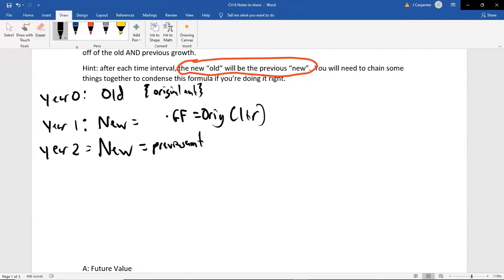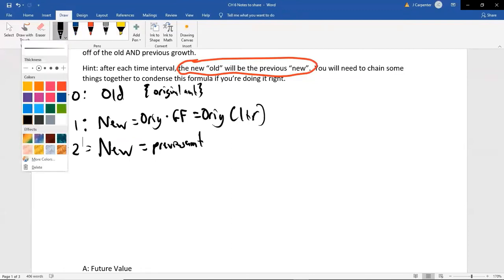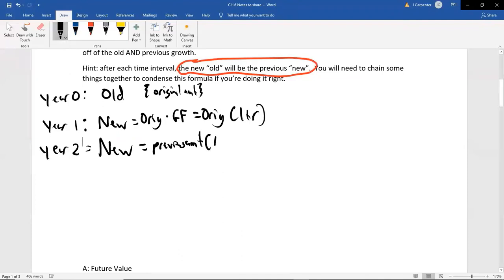It's a little more sensible that way. Because if I say old, you might be thinking in year 5, I'm talking about the old of year 4. Okay, so the new amount should be the previous amount times the growth factor, which is 1 plus r. But here's the thing.